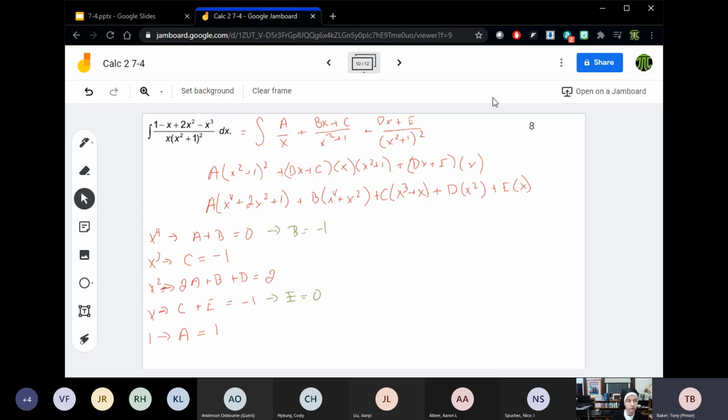And if I know A is 1 and B is -1, so that'd be 2 plus -1, which is going to be 1, that means D has to equal 1. So we can use the values that I got and not really have to go through and do the systems of equations.